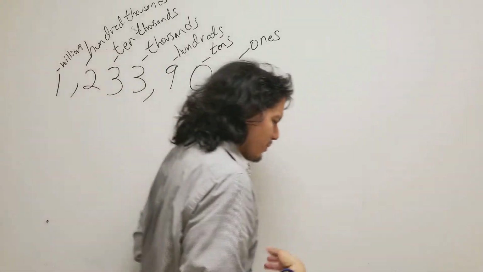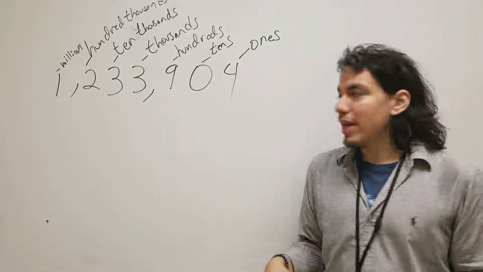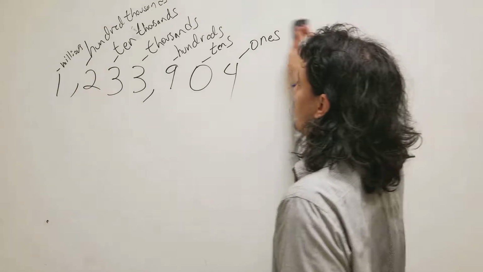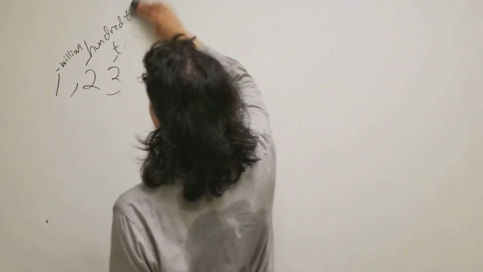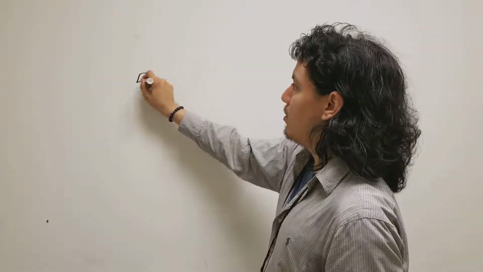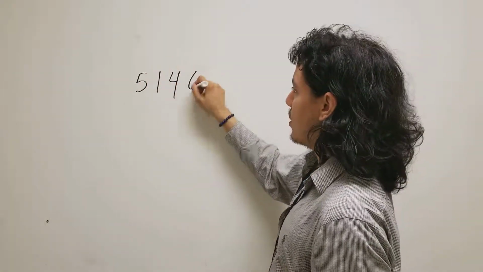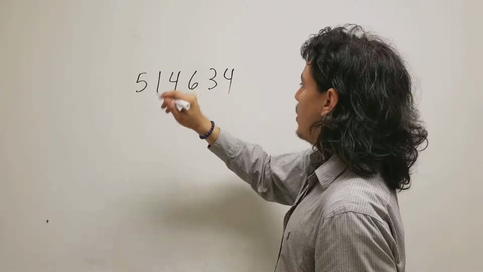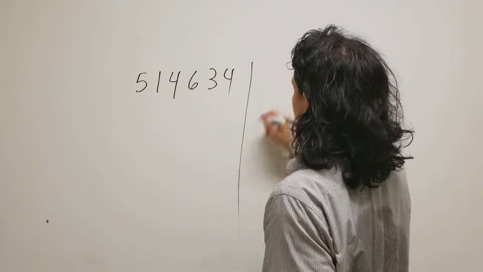So let's say I gave you another example, and I asked you to tell me what each place value is. Let's say I gave you 2 problems. 51,463,4. And I gave you another one.